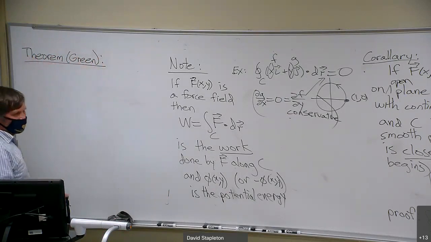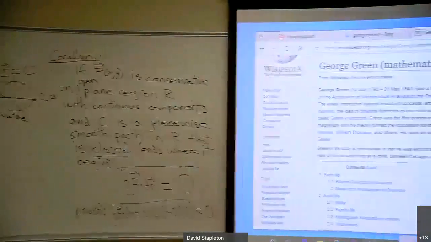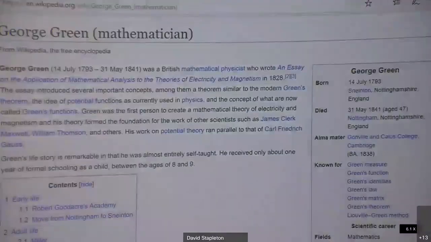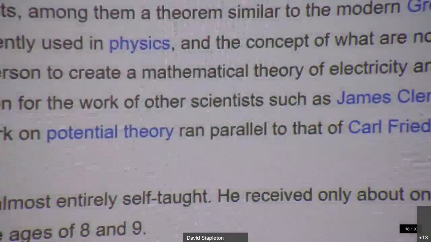And Green is up on Wikipedia. It's a very fun story. He's also written up in your book. Here's the story of George Green. You can see that. Maybe I need to make it larger.